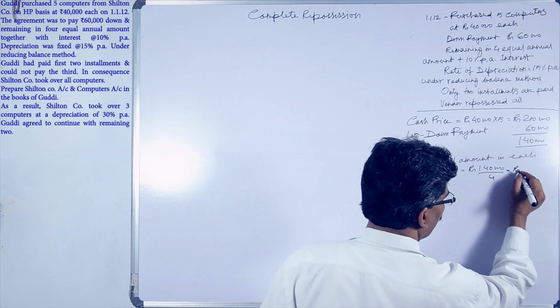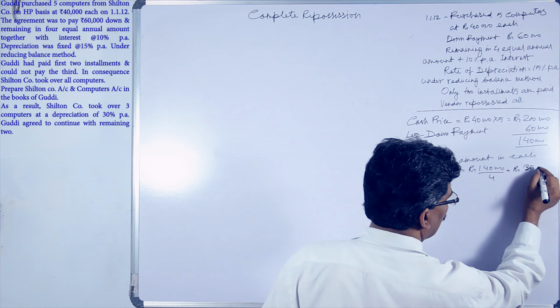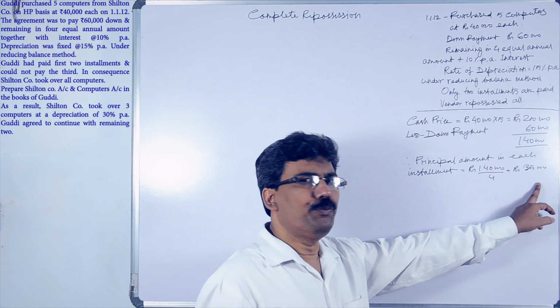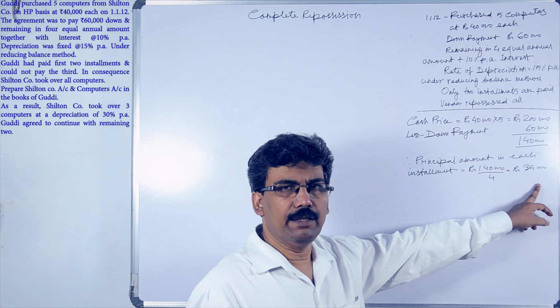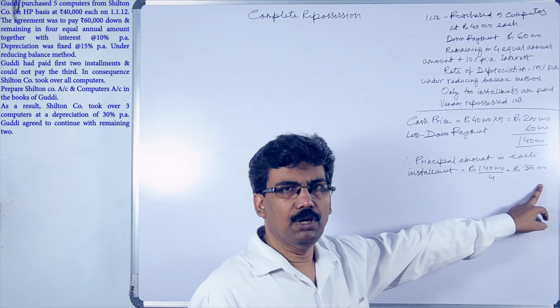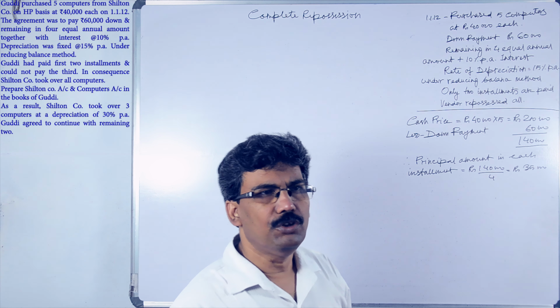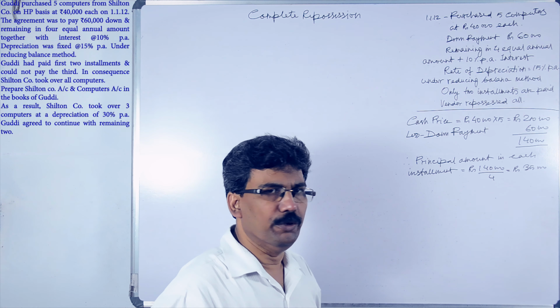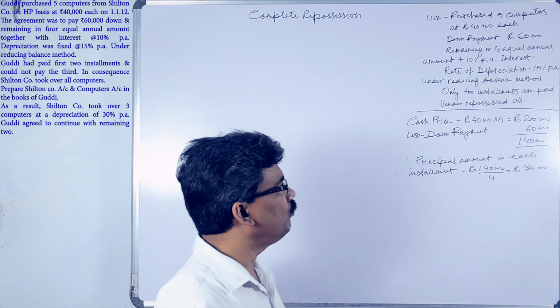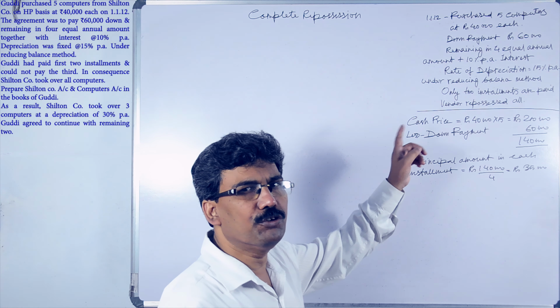This is equal to rupees 35,000. To that, the interest for the respective year is to be added, and that will be the installment. This is the principal part of the installment, and the interest is to be added to it, then you will get the installment. Interest will be calculated when you do the ledger accounts, because the rate of interest is given, 10% per annum.